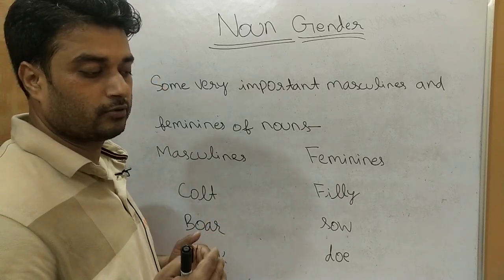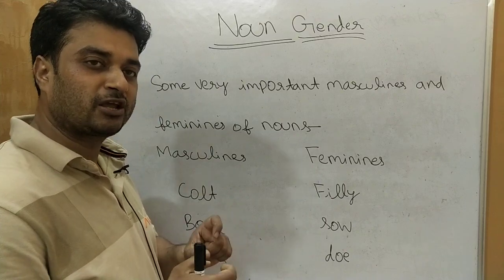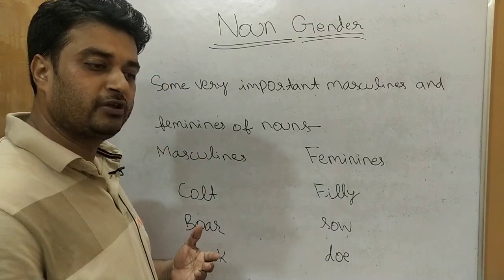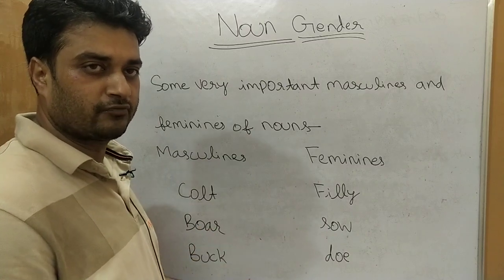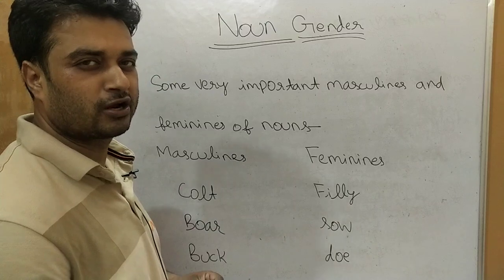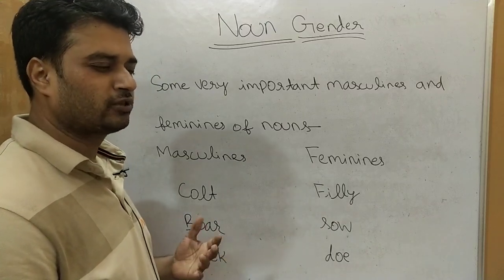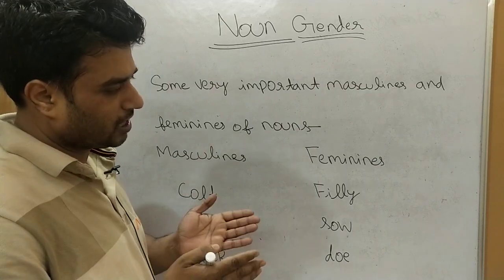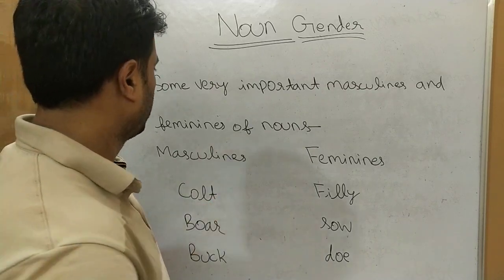We always put ship in the category of feminine gender. When we treat it as a living being, ship, train or country, whenever we talk about them as living beings, we put them in the category of the feminine gender.